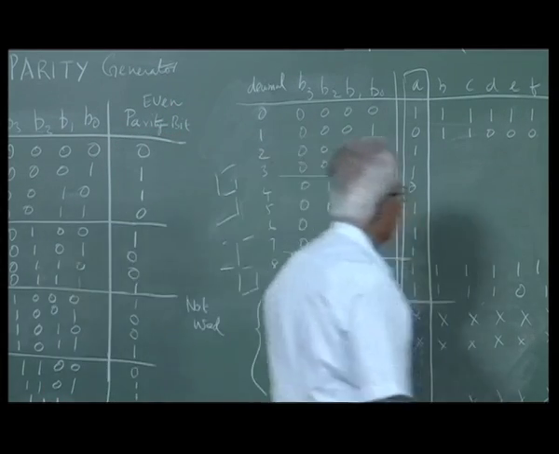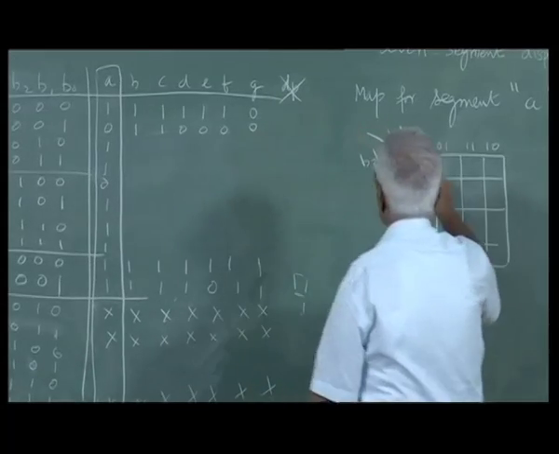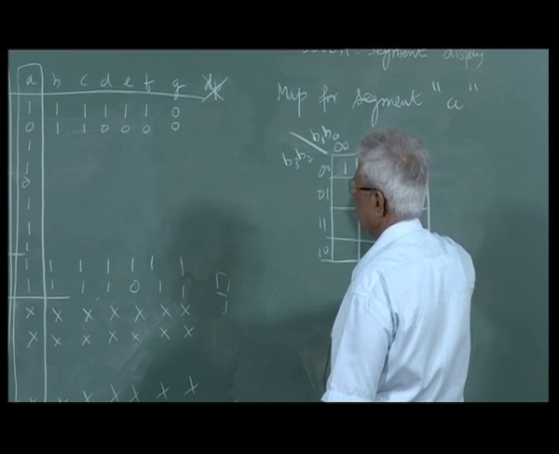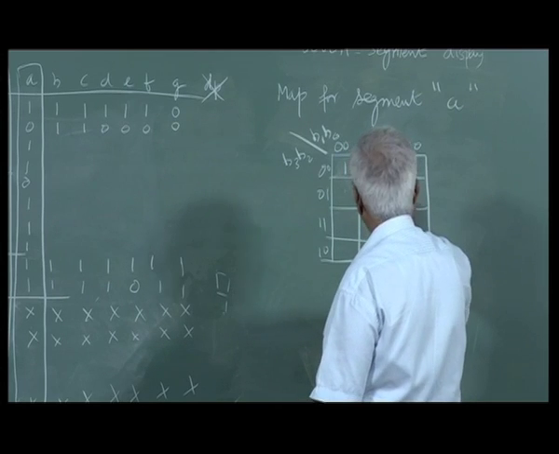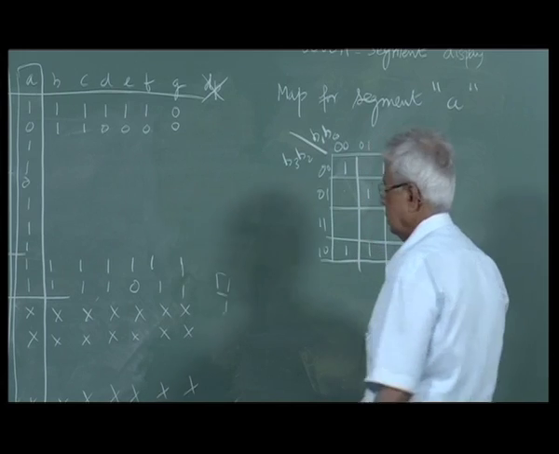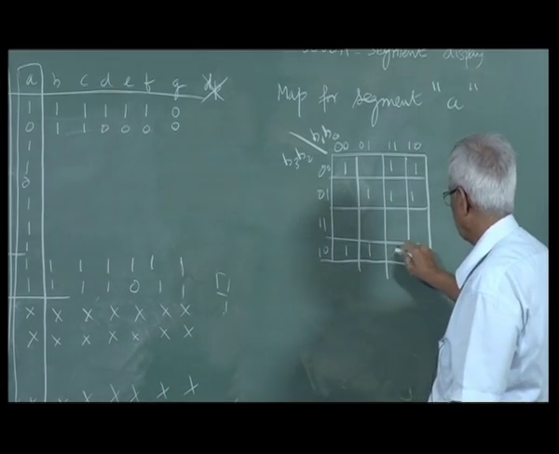So A will be 0, 1, 0, 1, 1, 0, 1, 1, 1, 1, 1, rest of them are don't cares.